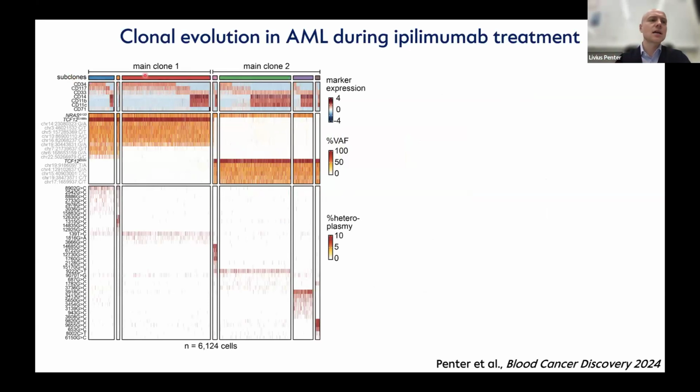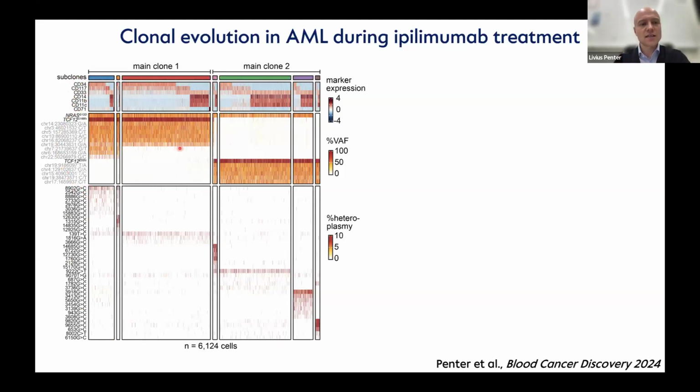Each column is one cell, and we can see their protein expression at the top, and then in the middle we have somatic mutations and mitochondrial DNA mutations at the bottom, and we can see how there's very nice alignment between somatic and mitochondrial DNA mutations.